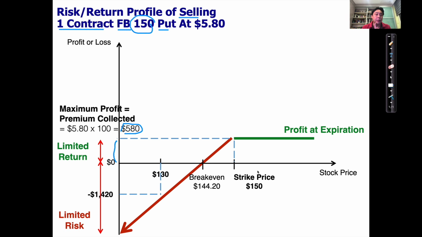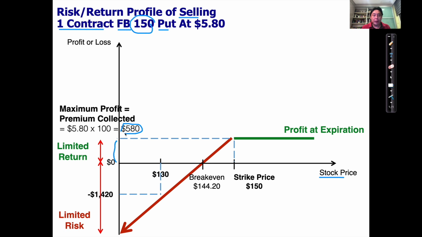You have the obligation. So if the stock price goes up or stays where it is, you are no longer obligated to buy the shares because the option will be worthless at expiration. But if the stock price goes below 150, you'll be obligated to still buy it at 150. Does that make sense?